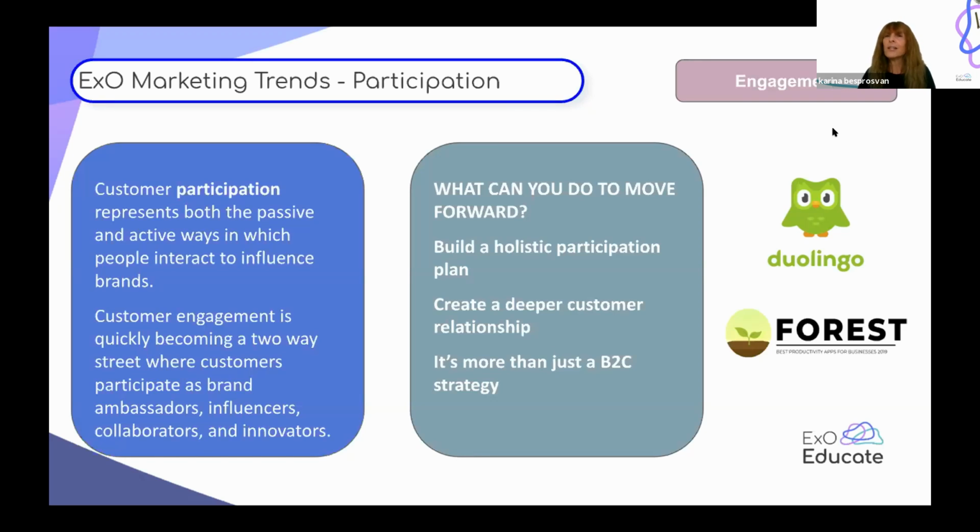It's not writing every day, but you need to have a plan of what you want to do and what relationship you want to build. And most important, it's not only for B2C, but nowadays B2B can also leverage this engagement, because in the next trends we are going to see companies and businesses moving together and working to transform the world together and not alone.